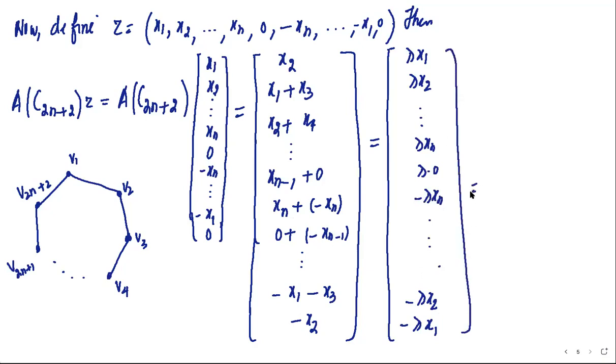But we can see, we can take lambda common, so it is lambda times z. Now when we take lambda common, we get x1, x2, xn, then 0, then minus xn, and so on up to minus x1, and the last entry in fact will be equal to 0.